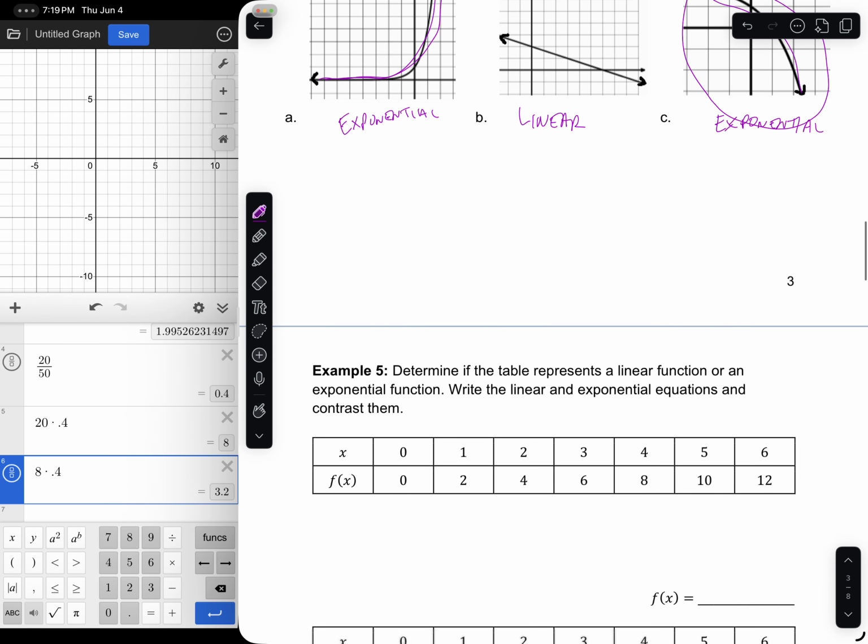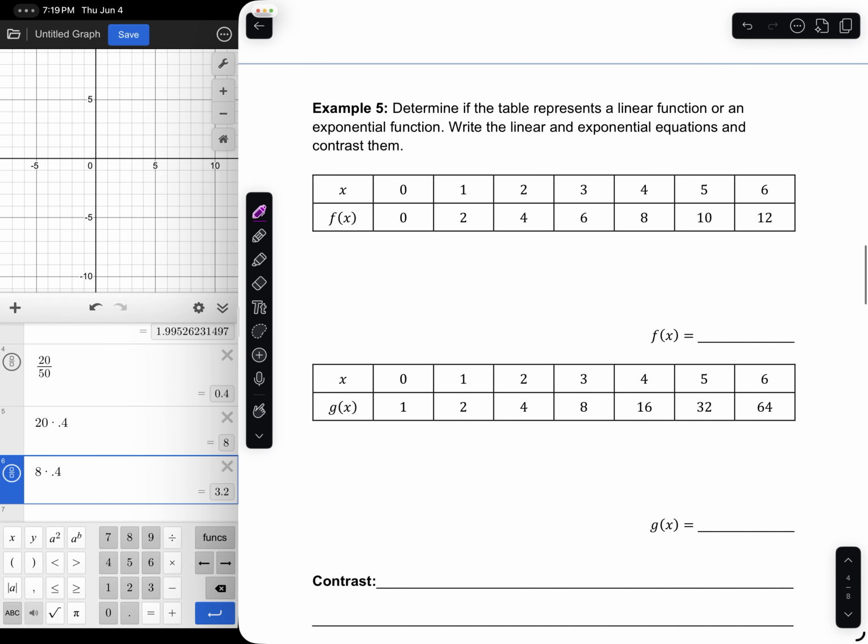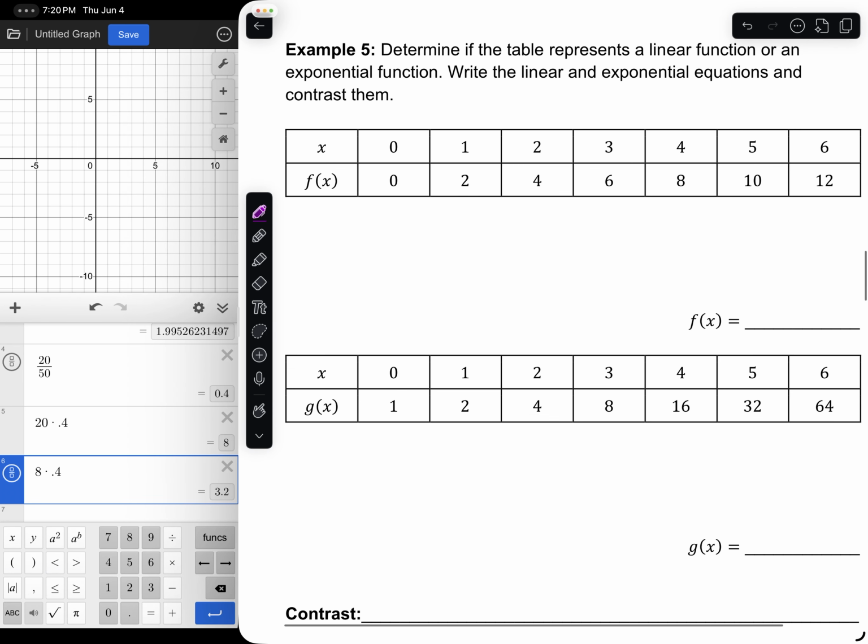All right, so now determine if the table represents linear or exponential, and write the linear or exponential equations and contrast them. So again, we're going to analyze what's happening here from each y value to the next. Looks like we add 2, we add 2, we add 2. So this one's going to be linear because it's repeated addition.